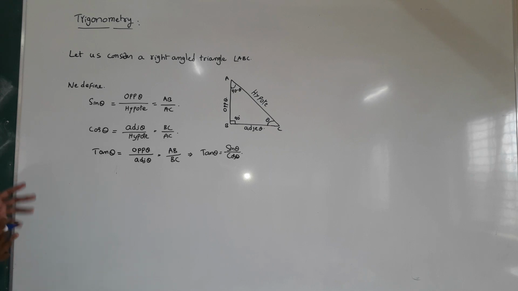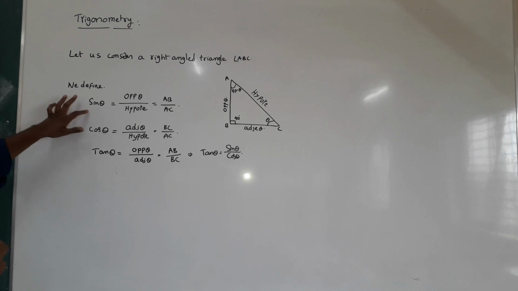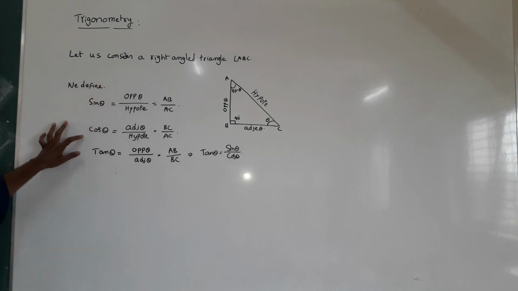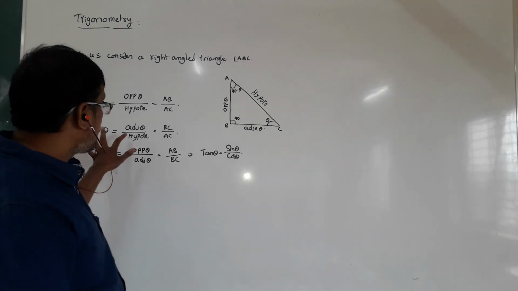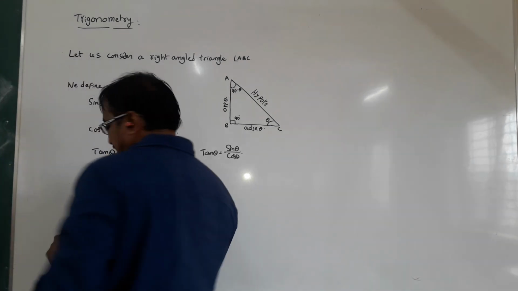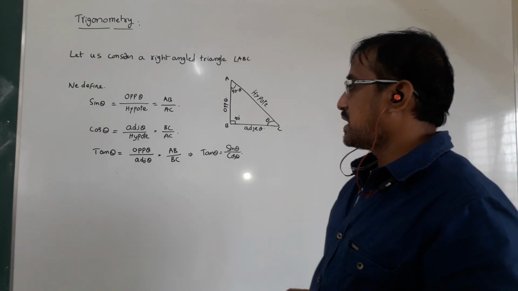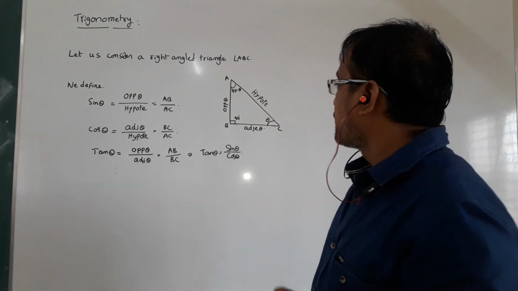Now these are the three trigonometric ratios: sin theta as opposite side by hypotenuse, cos theta as adjacent side by hypotenuse, and tan theta as opposite side to theta by adjacent side to theta.